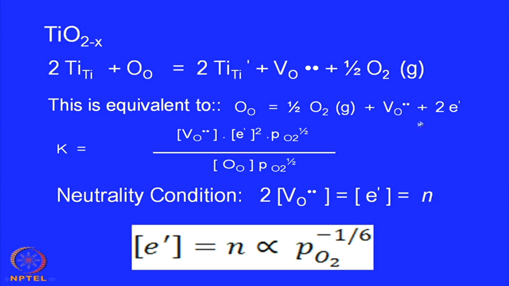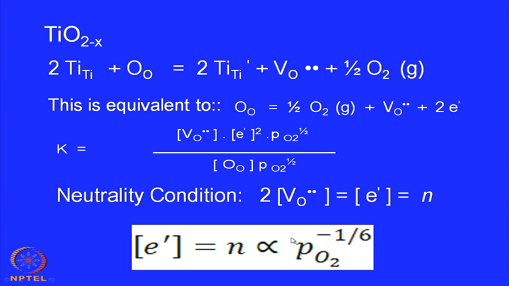Otherwise the relationship is exactly the same. Instead of metal vacancy you have oxygen vacancy, and twice the number of oxygen vacancy is equal to the electron concentration, which is n this time, so n is proportional to PO2 to the power minus 1/6. So this is the inverse of that.